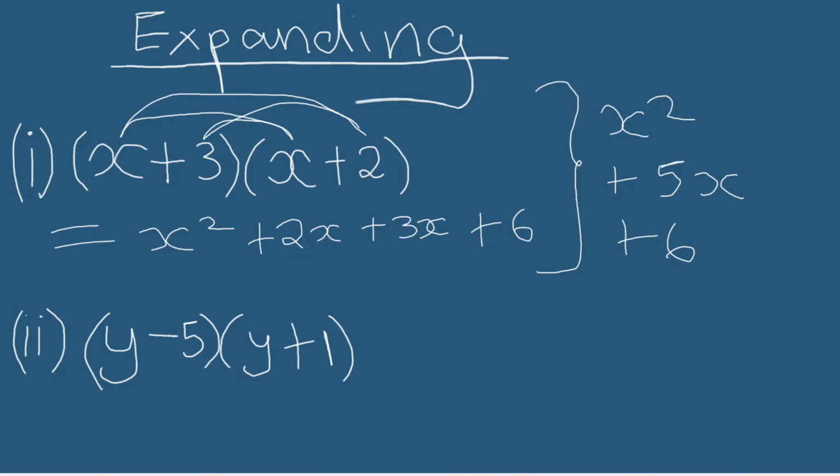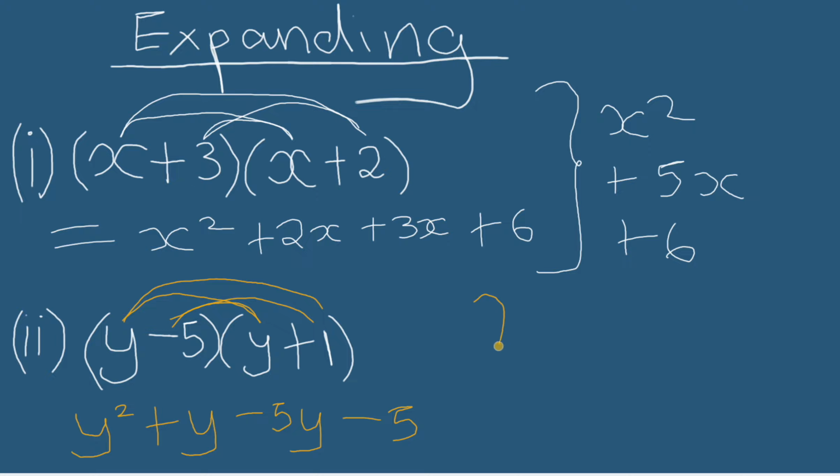Okay, so the next one, number 2. Y squared is going to be the first one. So y times y is y squared. Y times 1 is plus 1y, and 1y we just write as y. Minus 5 times y is minus 5y, and minus 5 times 1 is minus 5.